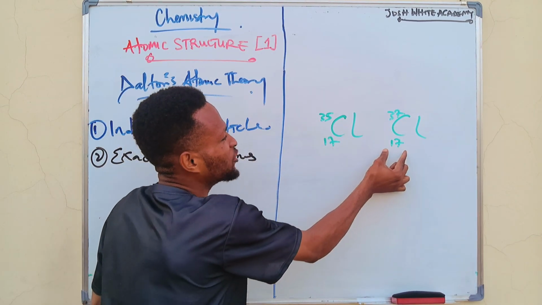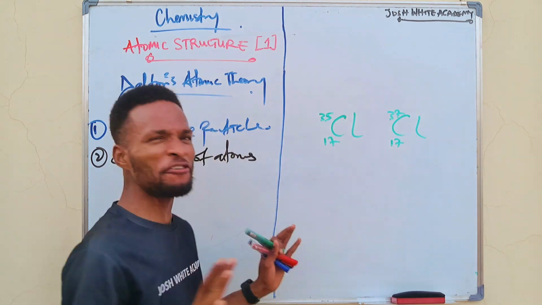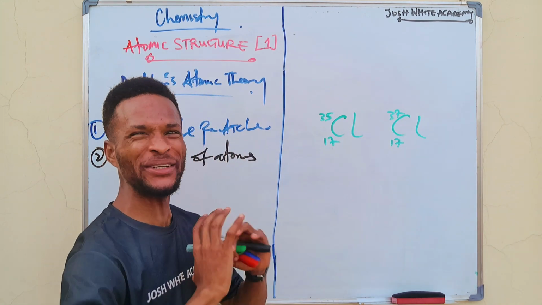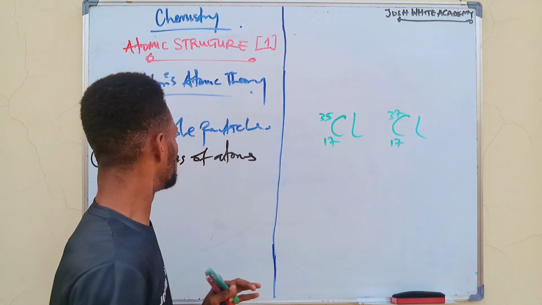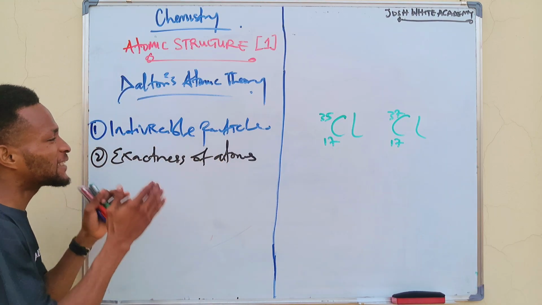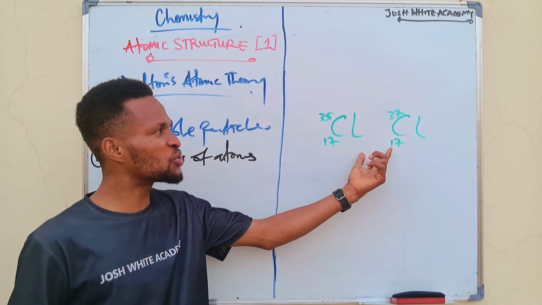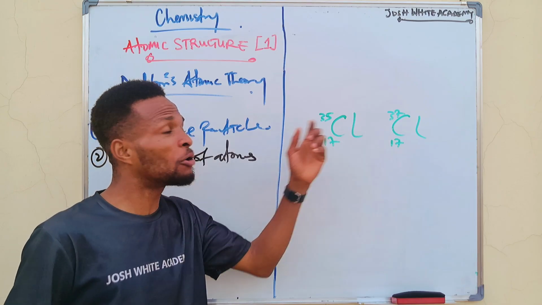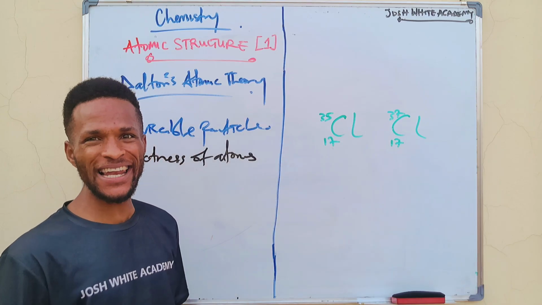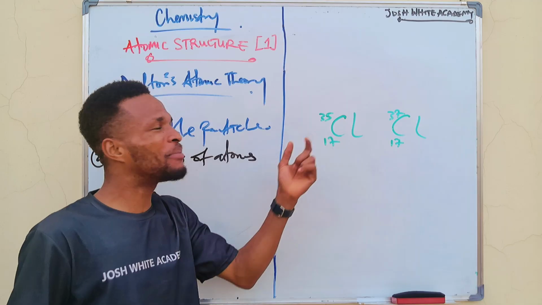So they have the same atomic number, but their masses differ because their number of neutrons differs. So according to this, that says atoms of the same element are exactly alike in all aspects, this cancels it, because these 2 atoms are the same, but they are not exactly alike because their mass numbers differ.